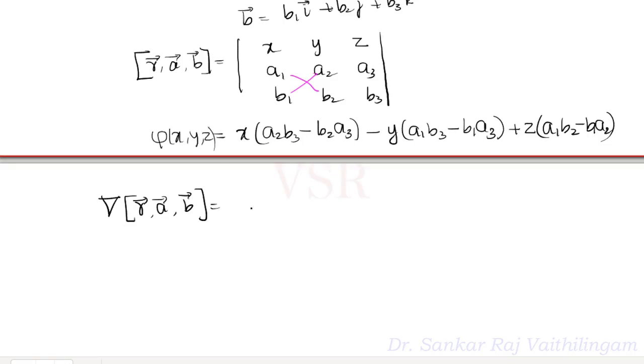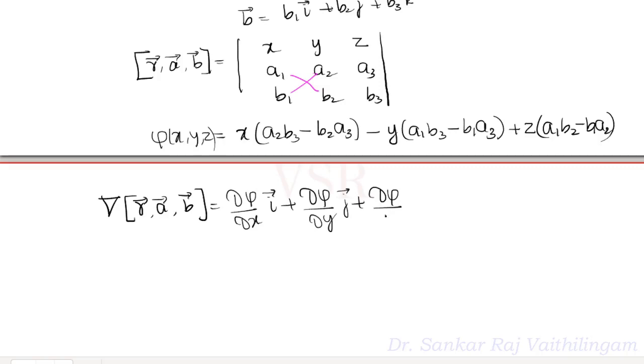So the gradient is dou phi by dou x into i vector plus dou phi by dou y into j vector plus dou phi by dou z into k vector. Differentiating with respect to x, only this one term remains and the others become 0, so we get A2 B3 minus B2 A3 into i vector.